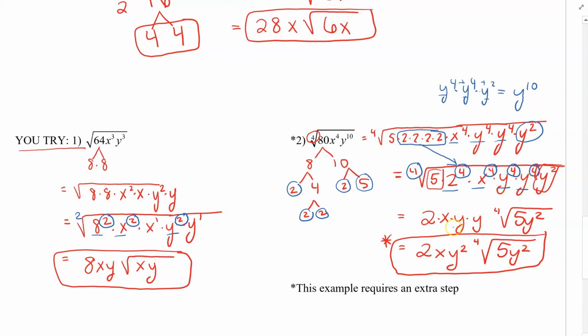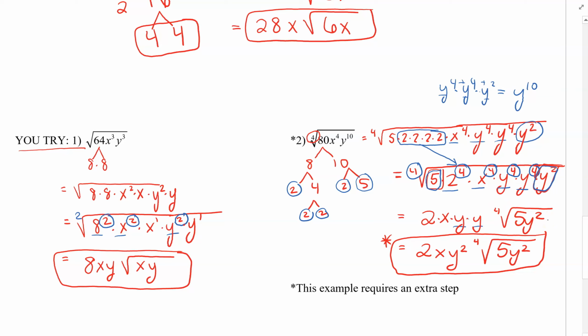So for that reason, I was able to pull out 2 factors of y as my 4th roots. So I had 2 4th roots of y, 1 4th root of x, 1 4th root of 2, pulled all that out. But I only had a single factor of 5 and then only 2 factors of y left over in the other 2 groups. So those had to stay underneath the 4th root sign.